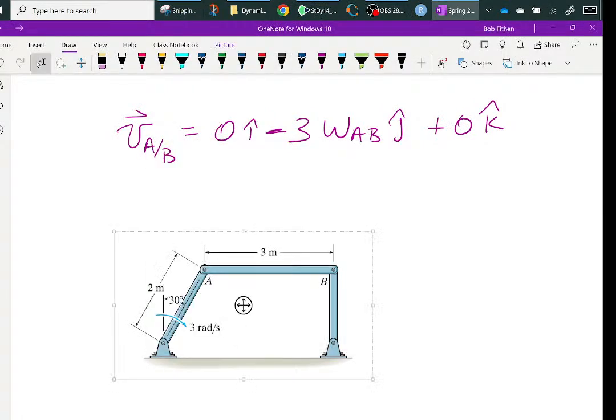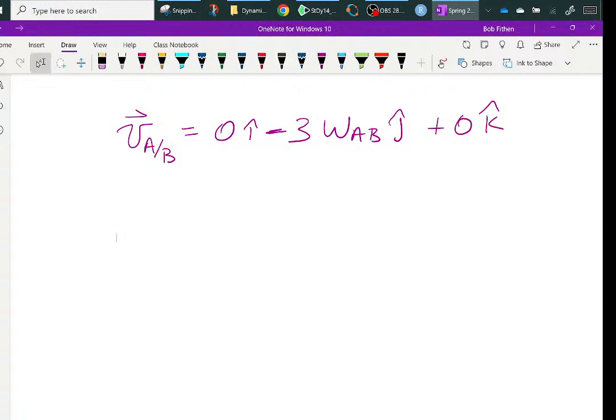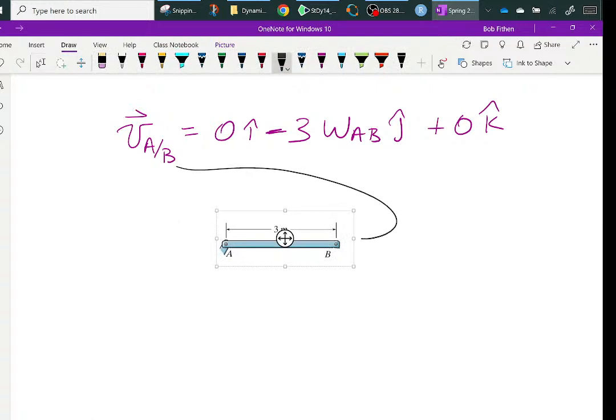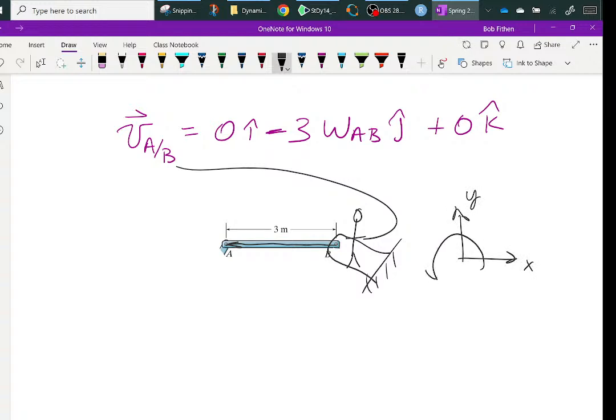I'm going to get rid of this now. And let's see. So there's the link. So I'm just looking at that link. Since I am glued to B, it is as if B is fixed. So the person sitting here is glued to B. He sees this vector going out here, sees X and Y, a positive rotation, which means in his mind, he sees that.